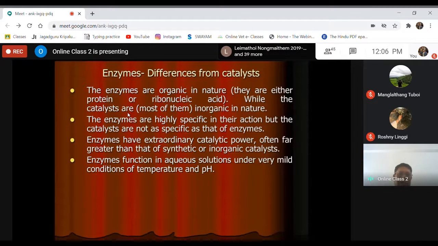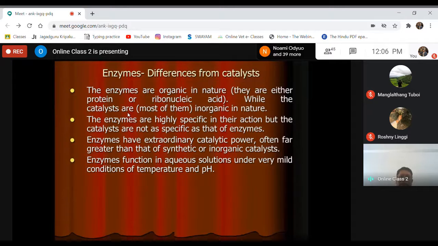Third is that enzymes have extraordinary catalytic power. I have already given the example of carbonic anhydrase. This catalytic power is often far greater than that of synthetic or inorganic catalysts, which may not have that much high catalytic activity compared to enzymes.